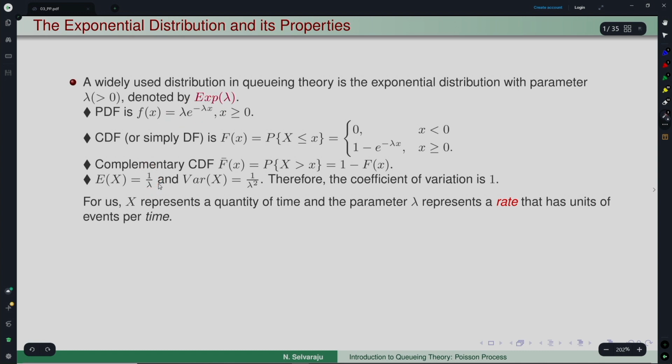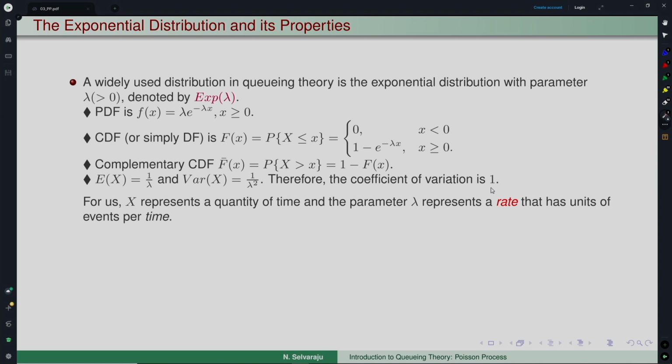That is another terminology used when convenient. And because of this, the coefficient of variation for the exponential distribution is unity, equal to 1, and that is one of the important properties of this distribution.